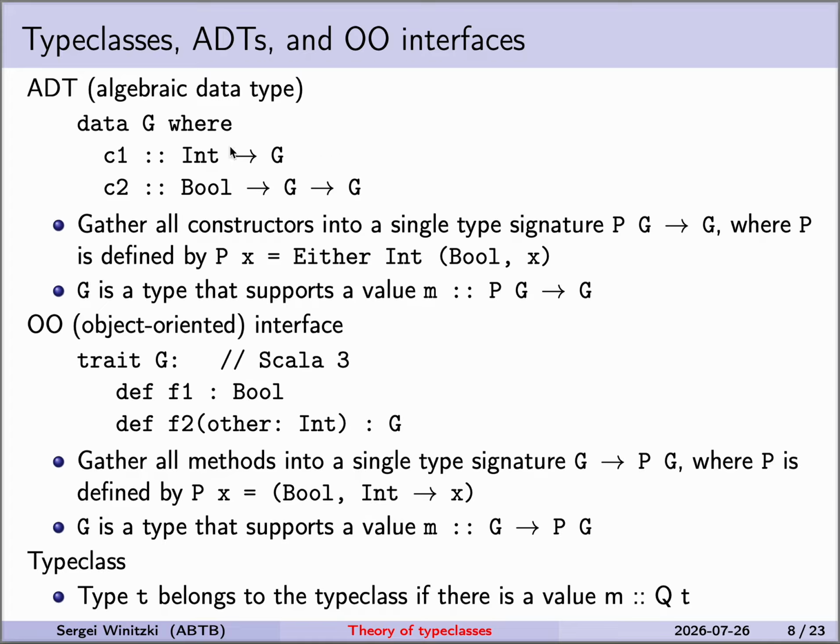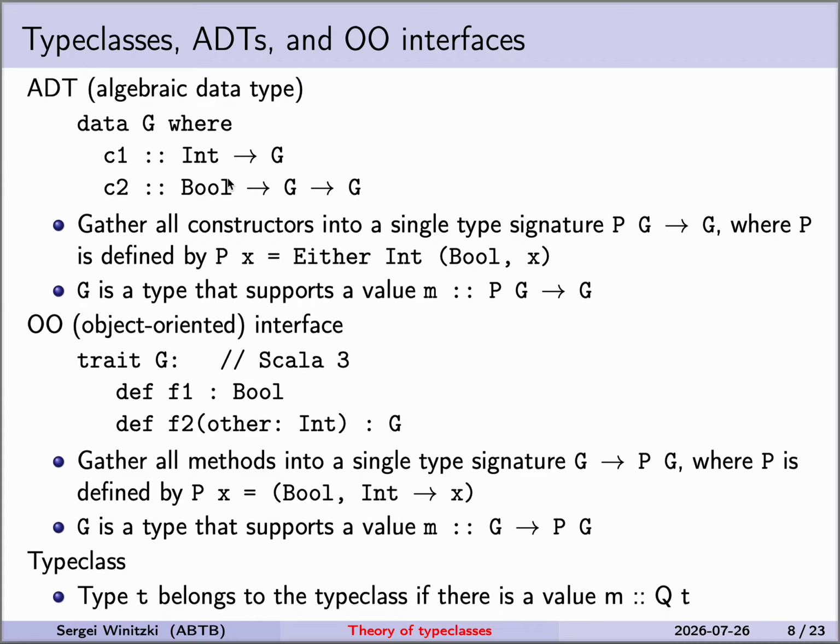And so we can gather all the arguments by currying here, and then we can have a coproduct type that unifies all of those arguments into one big value, from which we have a function to G. And so then we have a type signature of the form PG to G, where for this particular example, P is defined like this. So it's a single type signature that describes all constructors at once.